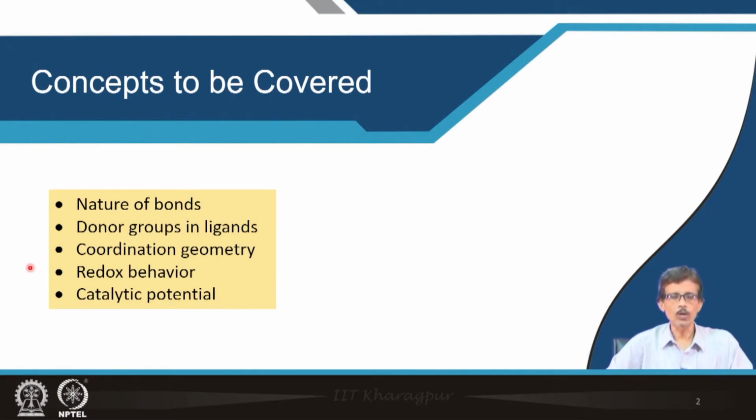When those water molecules are surrounding that particular metal ion center, we will get a particular geometry, a polyhedral arrangement. So, we will talk a little bit about coordination geometry, and how we can conceive an octahedral geometry.